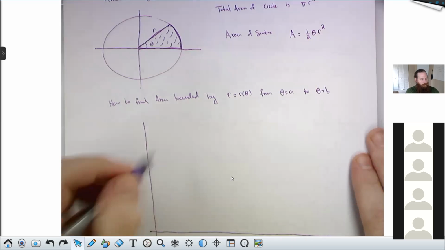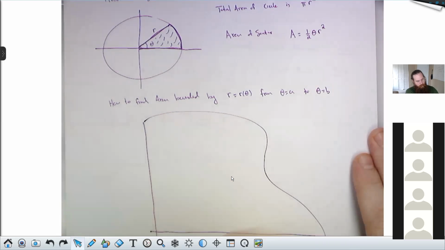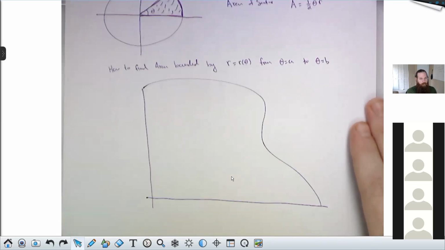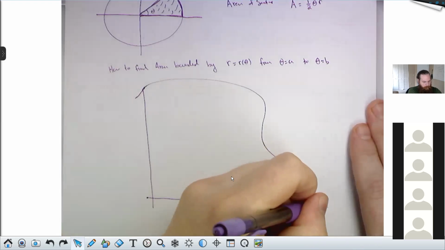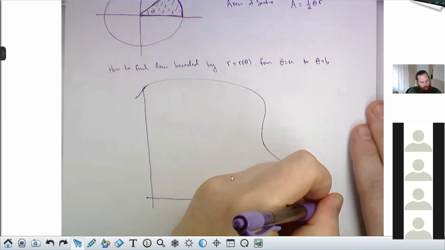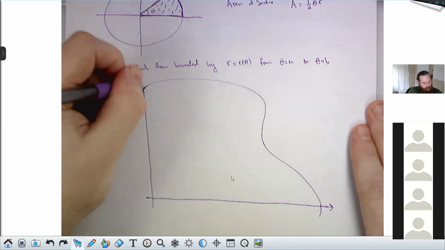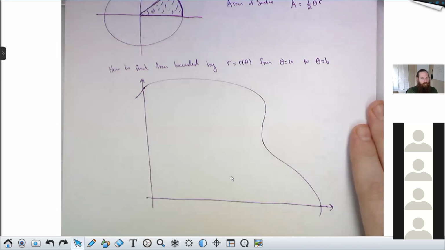All right, so this is going to be my polar graph. And let's just suppose it looks like this. Whatever, it could look like something else. Here's my polar axis. So here's the function r of theta.